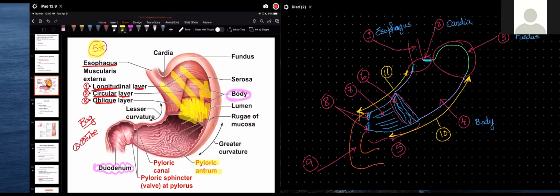And remember, this terminal part, the most distal part of the stomach, this is gonna be the pylorus. And the entrance of the pylorus, this region, is called the pyloric antrum.